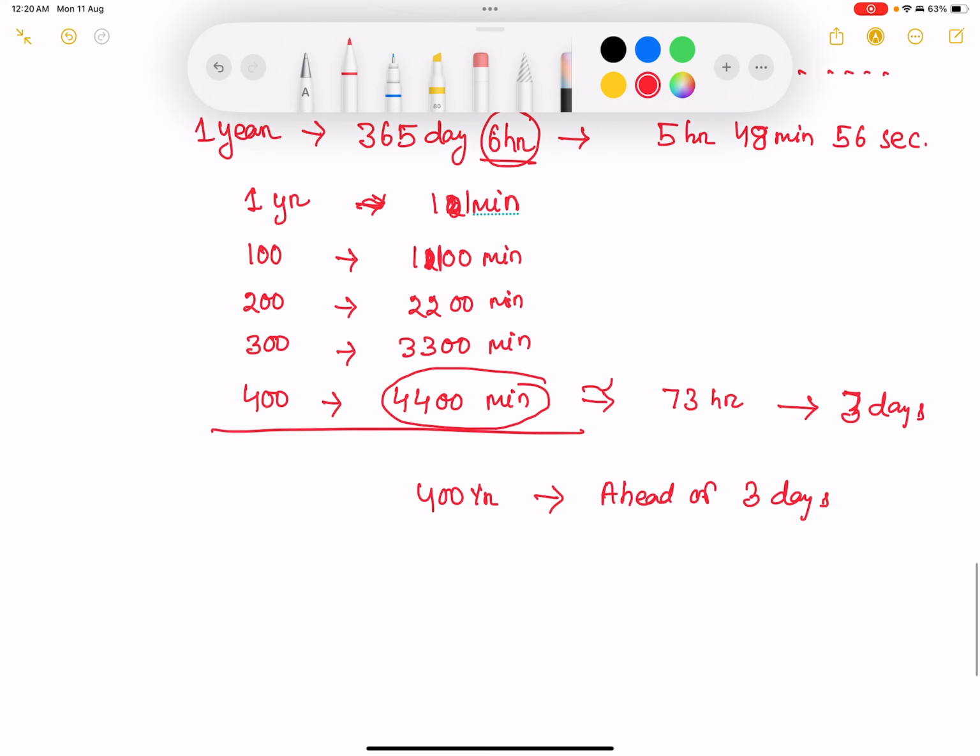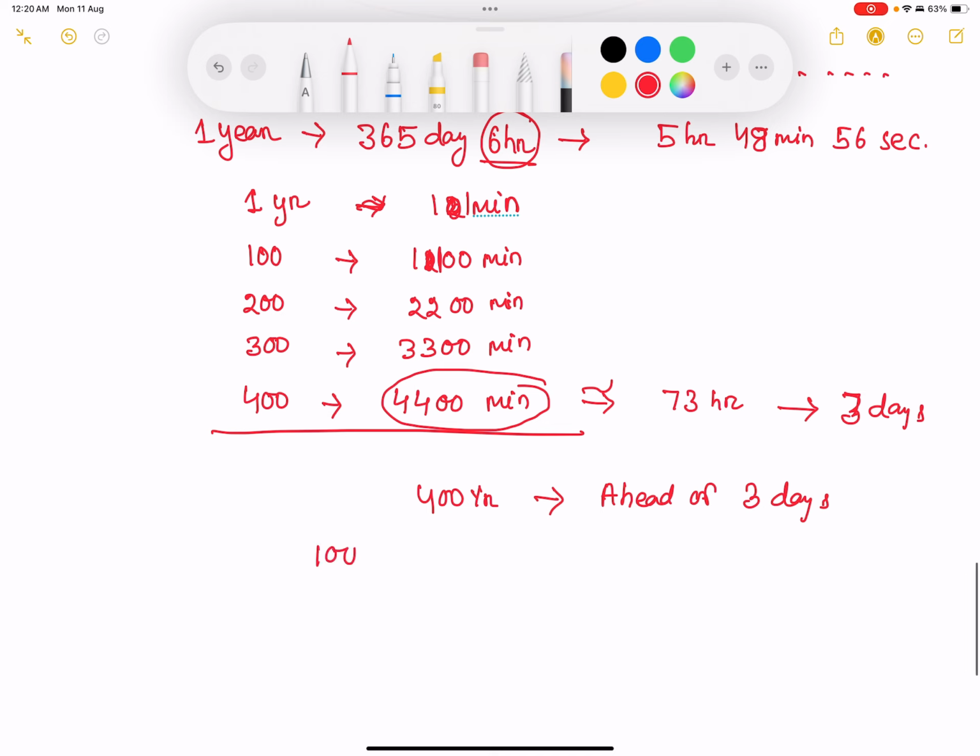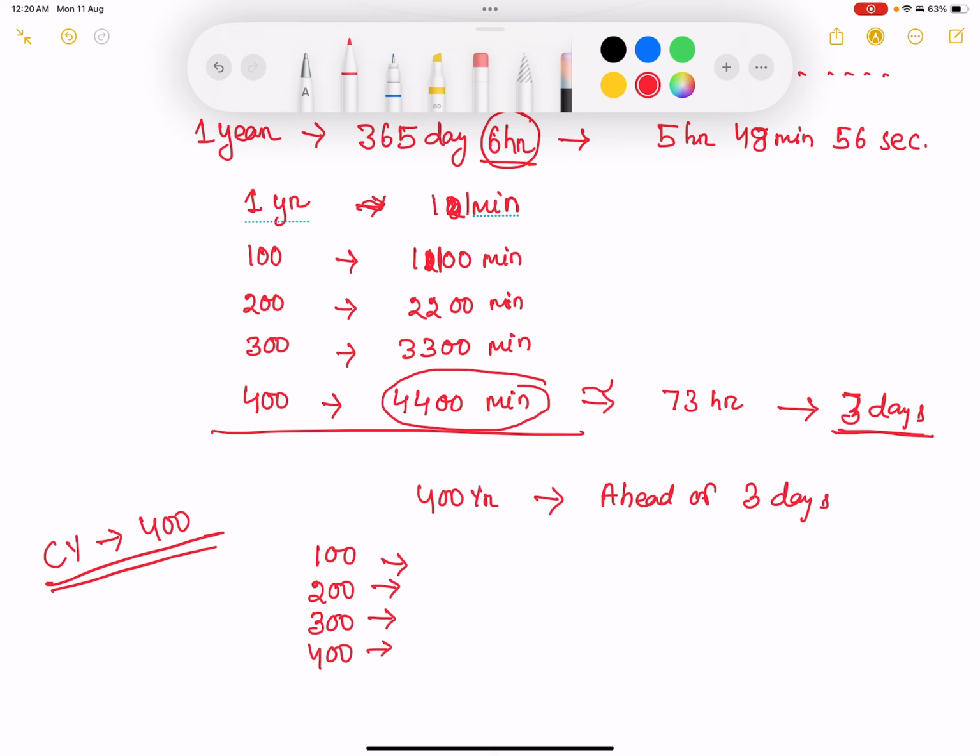So what we are doing, suppose 100 year is there, 200 is there, 300 is there, 400 is there. So what we need to do, for the century year only, we need to divide by 400, then only that 3 days we can balance. If it is divisible by 400, give it as a leap year. If it's not divisible by 400, give it as a normal year.